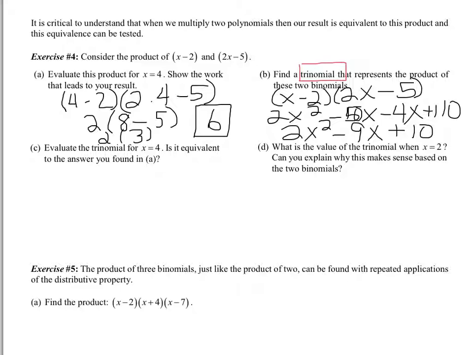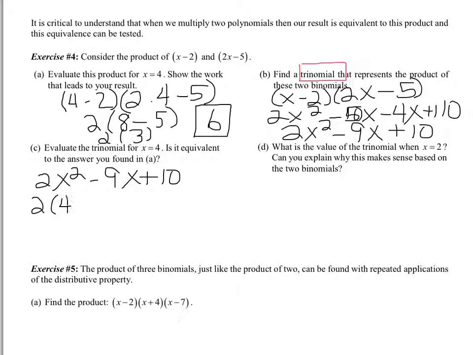So now I've evaluated with the value of 4 in its original form. I've multiplied the binomials to get a trinomial. Now what I'm going to do in part C, it says evaluate the trinomial. So I'm going to take 2x squared minus 9x plus 10, and now I'm going to plug 4 in wherever I see x.